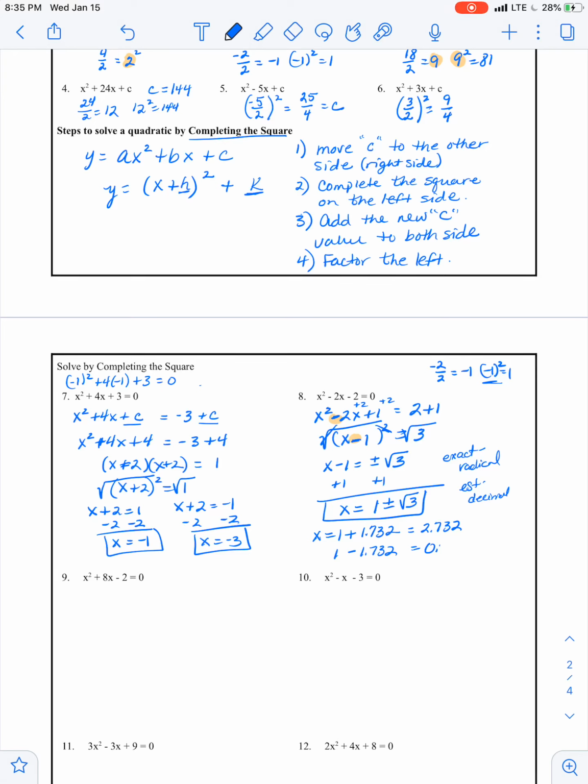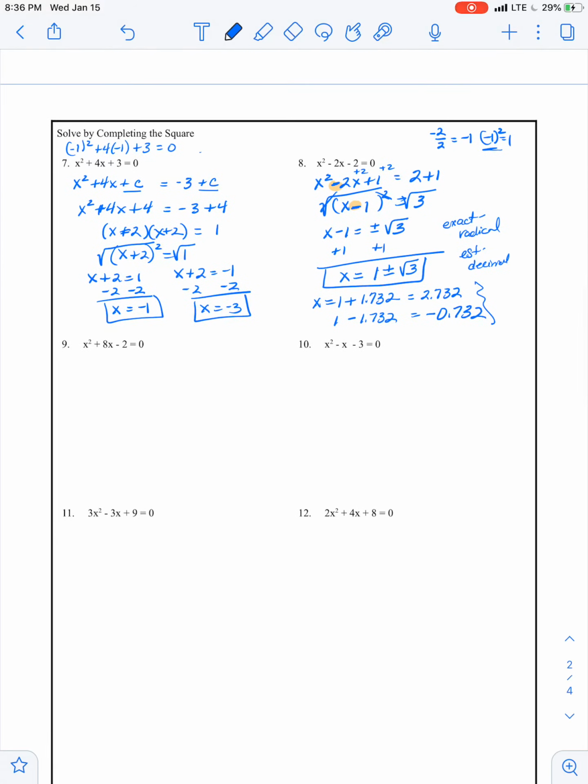No, take that back. Sorry, my brain's fried. How about a negative 0.732? I'm just trying to take it like from 2, not from 1. Negative 0.732. Okay, check my numbers, please. And then that would be your estimated. So if you were going to go graph, you would have to have an estimated value. That would be, you'd roughly do 2.7 and 0.7. Okay? So that is completing the square.